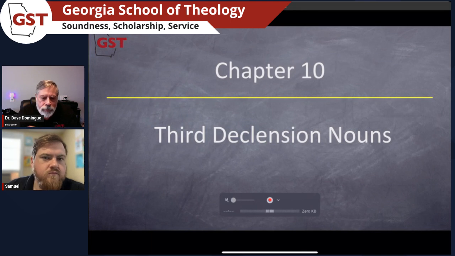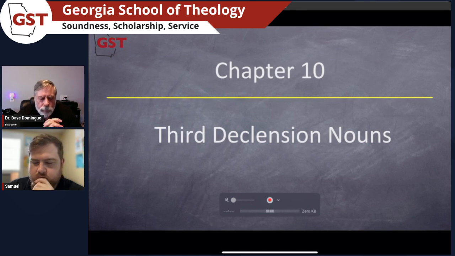Although there's a lot of consistency, and once you understand what's happening, it's not complex. But without recognizing what's happening, you can just be overwhelmed. When I first learned third declension, it threw me for a loop, and it took me a long time to figure it out. So hopefully, we can prevent that from happening for you if we talk through it.